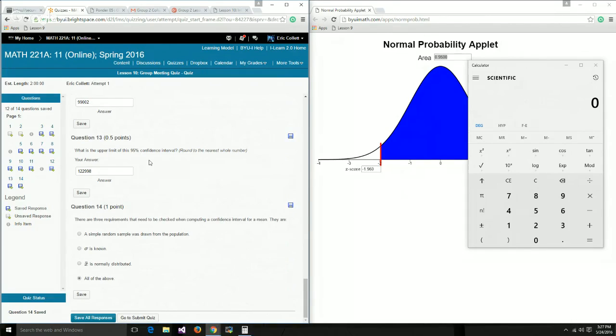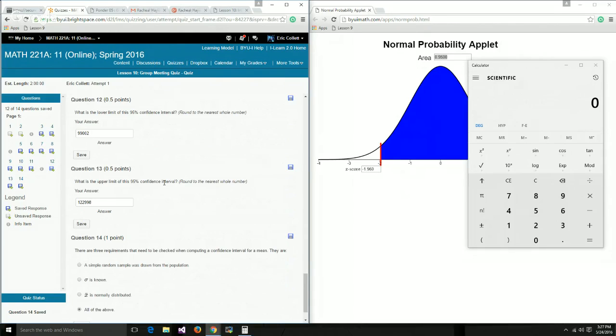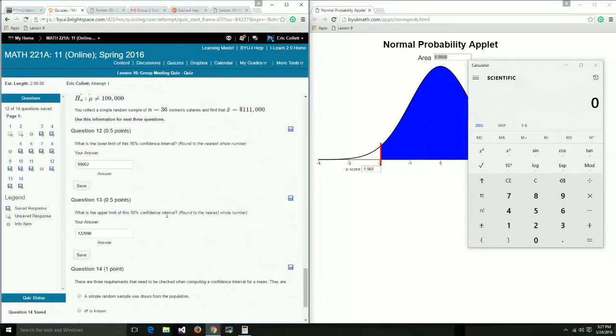Liz, are you good on 12 and 13? Yeah, and the third thing I got was 4,878. Wait, for question 13? Yeah. On 13, for whatever the number you subtract from 12 and the third.